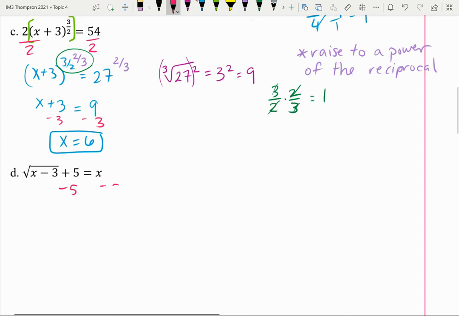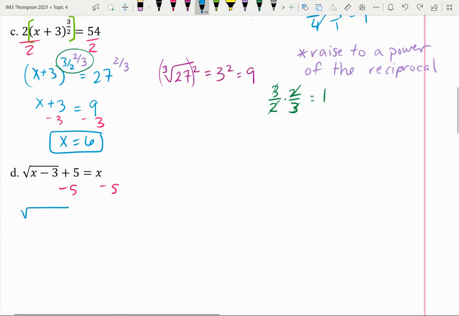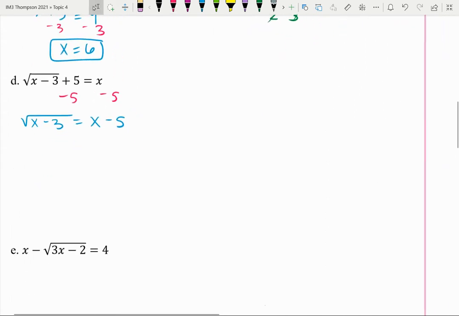First step, subtract 5 from both sides. I have the square root. Inverse operation of square rooting is to square something. If I do it to one side, I've got to do it to the other.